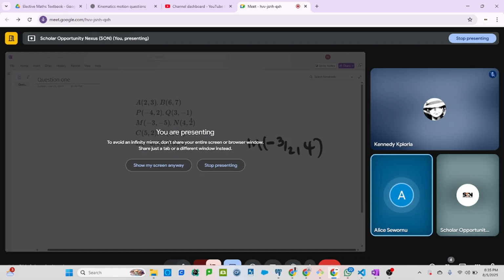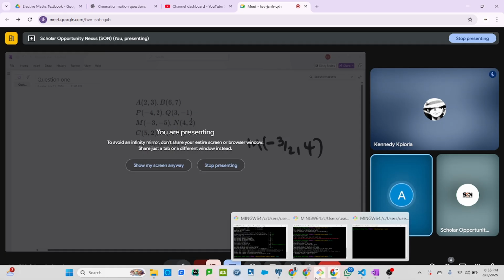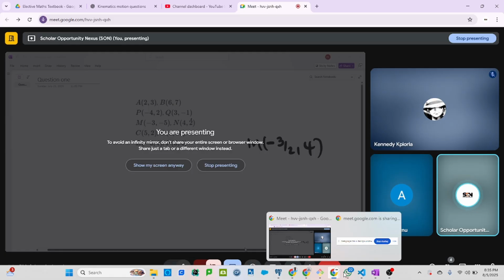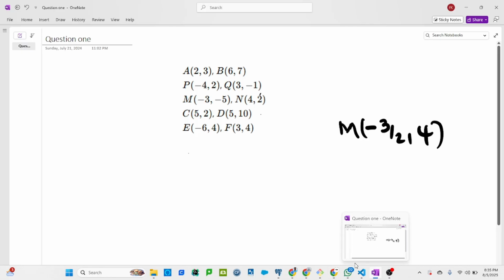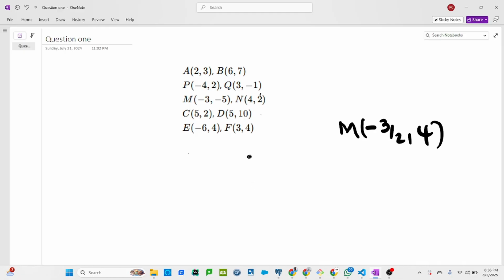So it's negative 3/2. You multiply the negative 3 times the 1, and the whole number is over 1, so 1 times the 2. So negative 3/2. Okay, this is the correct answer.